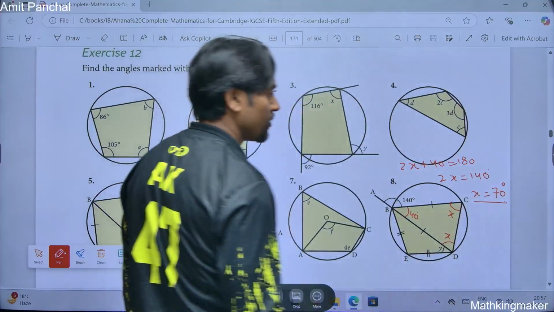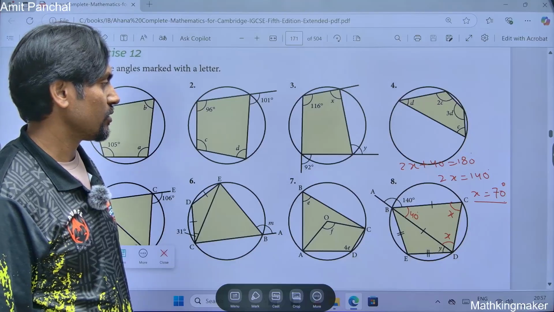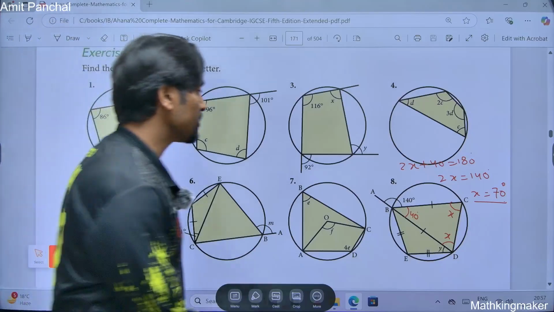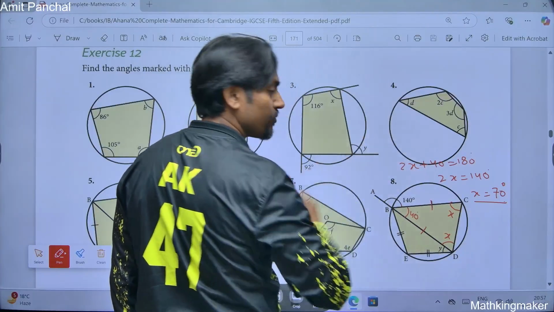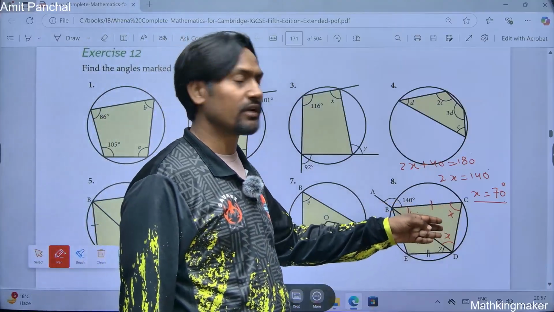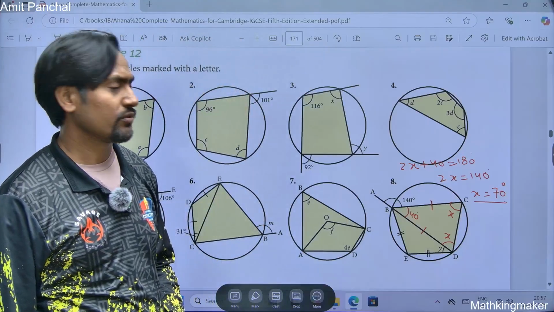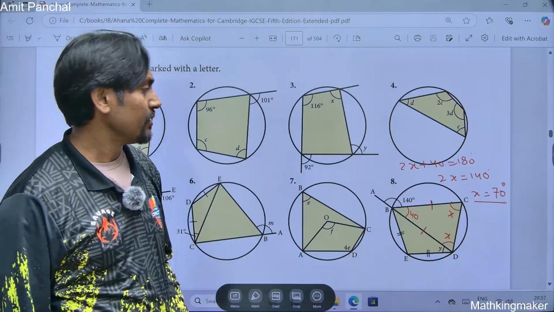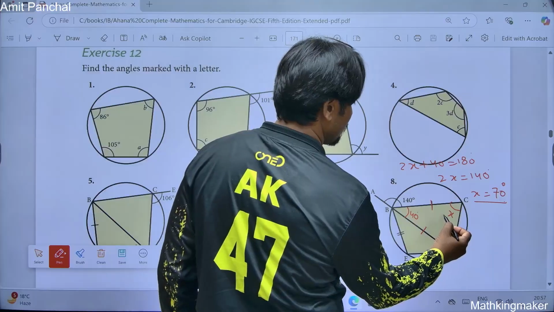So how do you know the other one? Because it is given, these two lines are the same. It is an isosceles triangle, so an isosceles triangle has equal opposite angles. So now this becomes 70.